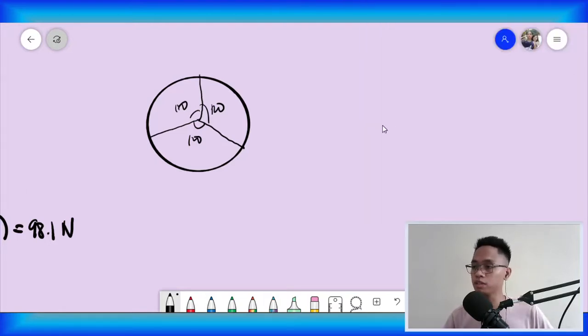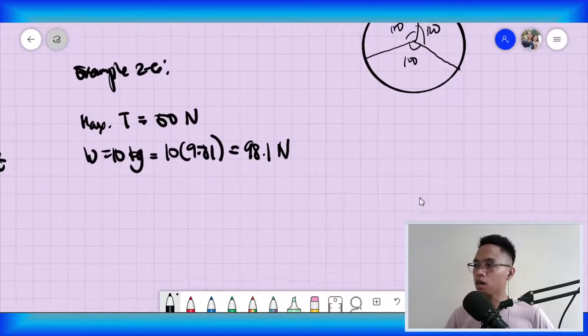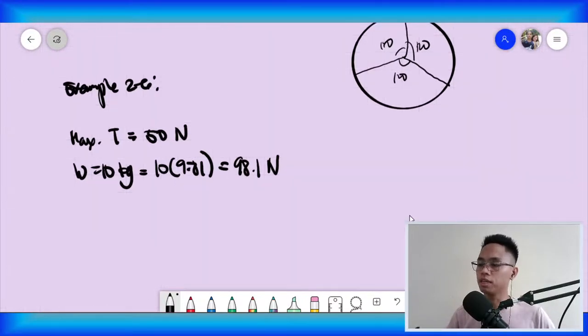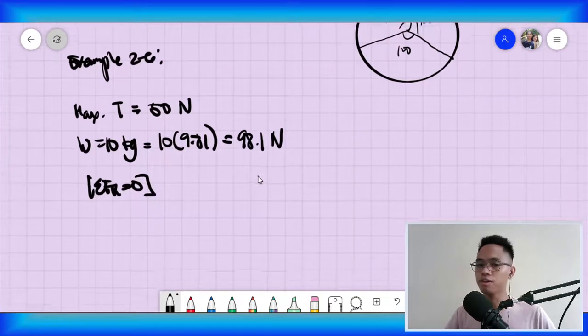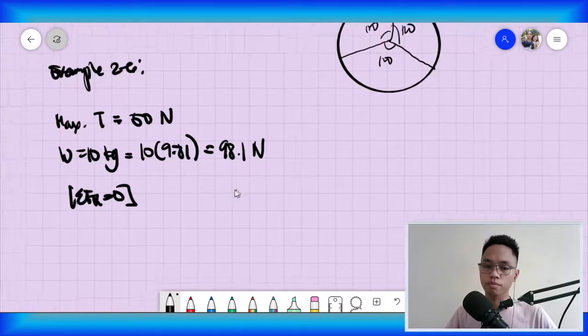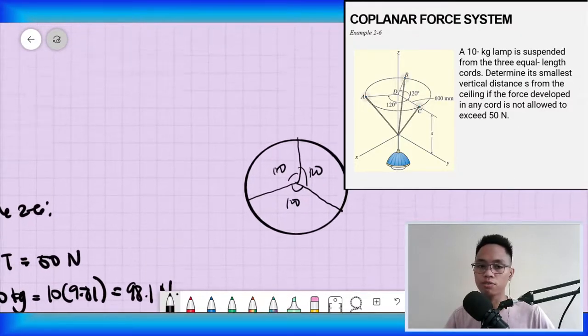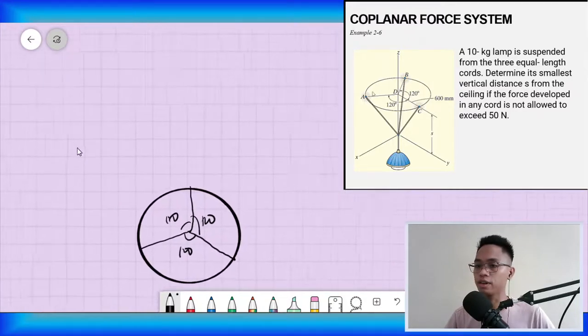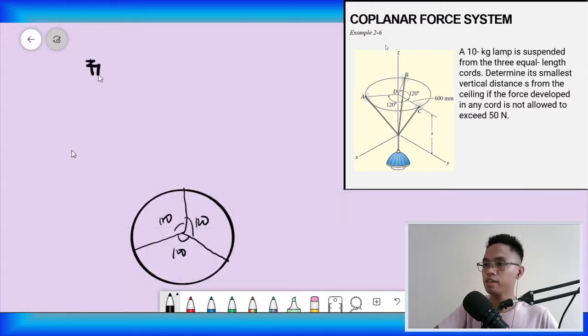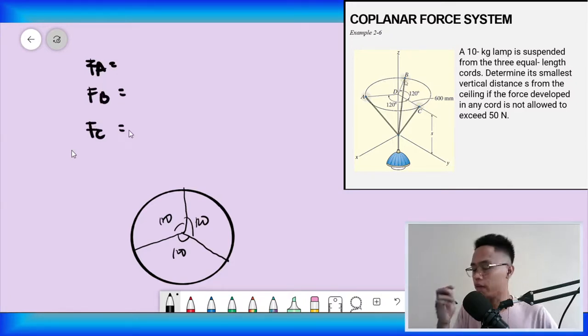So, let's proceed here with our solution. Alright? So let's do summation of forces X equal to 0. Now, based on the figure, we have forces FA, FB, and FC. Again, the first step should always be to express the forces in their i, j, k components.